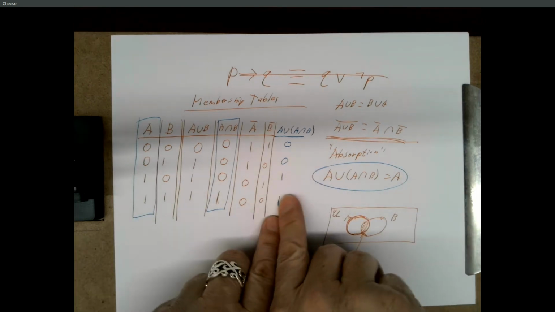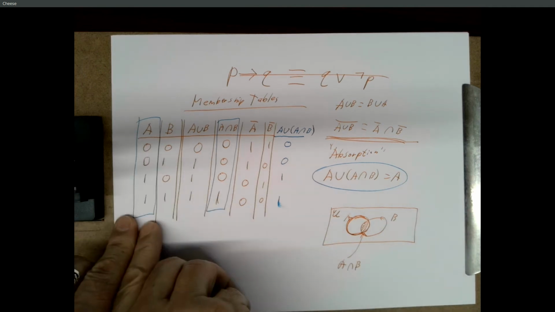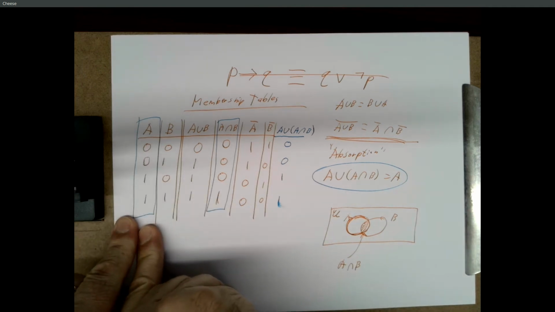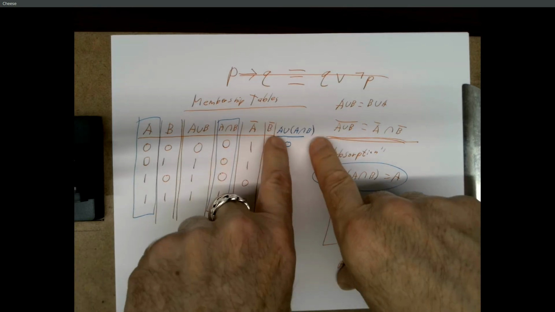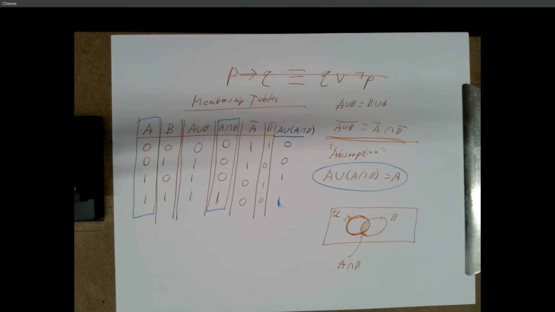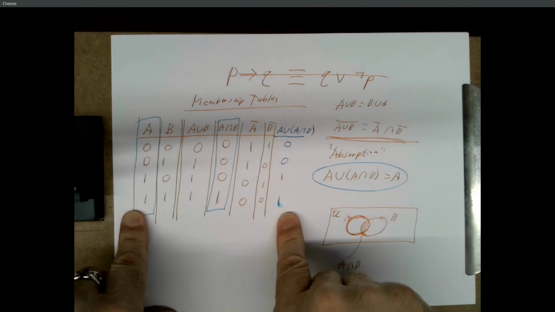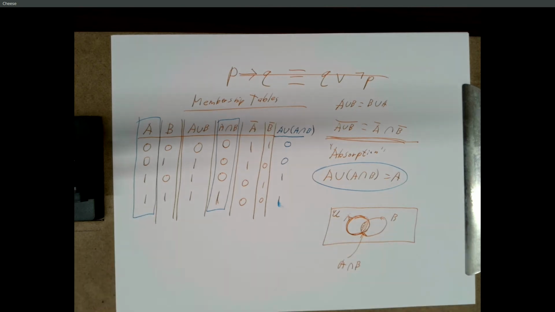And guess what? This set operation has exactly the same membership properties as A. And that's enough to say that this set is equal to that, because what does it mean to say two sets are equal? Something belongs to this set if and only if it belongs to that set. All right, so those are equal.